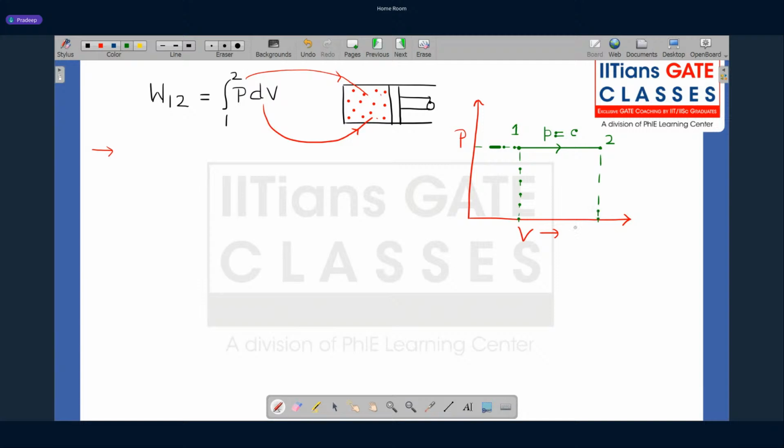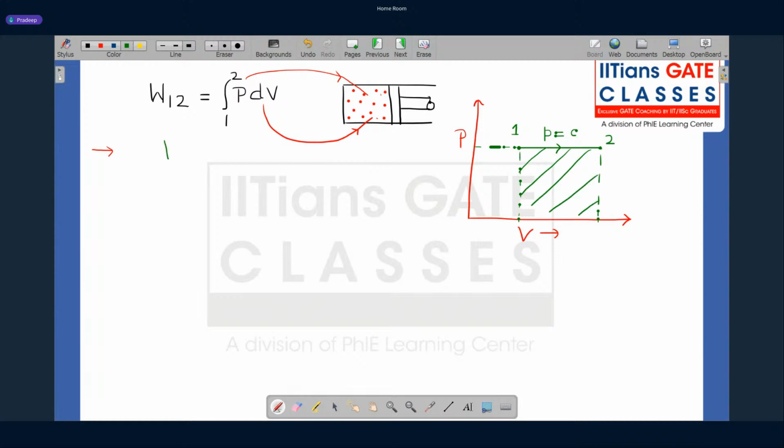Under this, if you want to calculate how my system and surrounding are interacting via work transfer, and you want to calculate what is that work transfer, you can calculate by this relation. And this relation, what it gives is the area under this curve. So under this constant pressure process, let us say you want to calculate the work transfer.